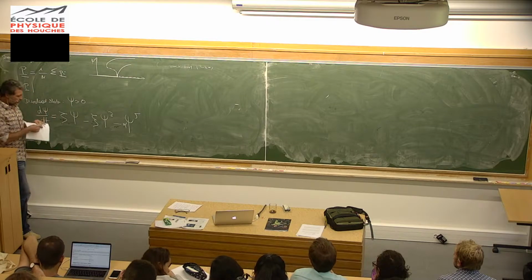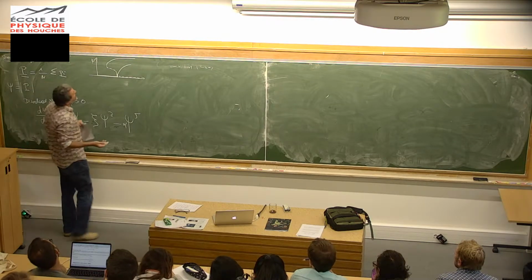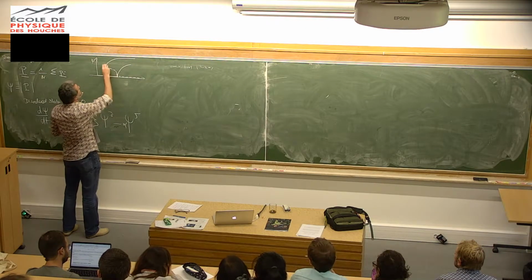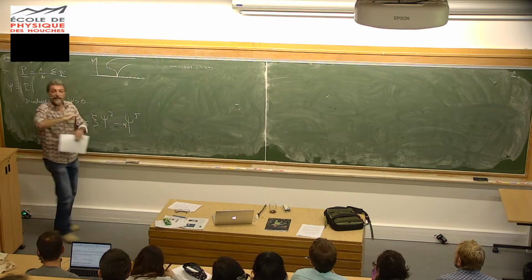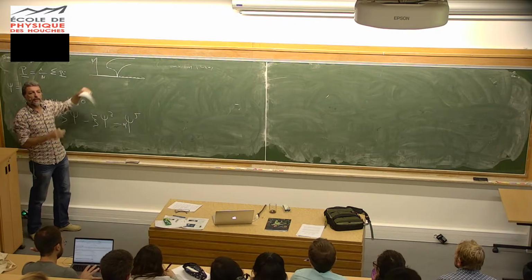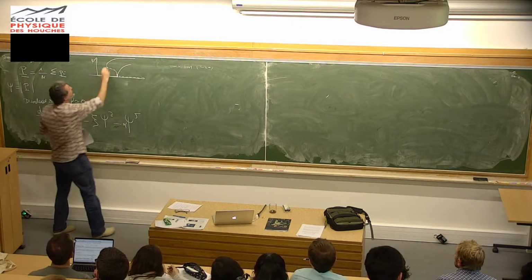That's one scenario. There's even a worse scenario, and this is what happened in the Vicsek model: there exist completely nonlinear solutions. Here we are looking at weak nonlinearities, but you can imagine that there are solutions in phase space anywhere.